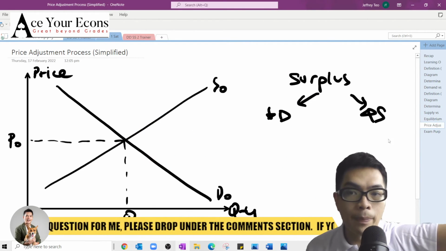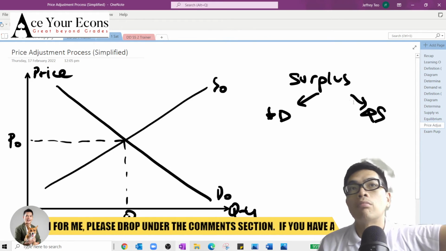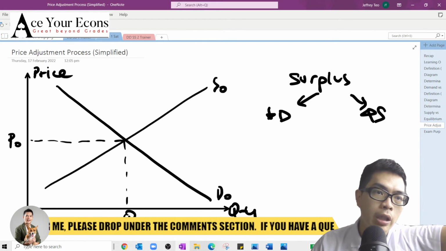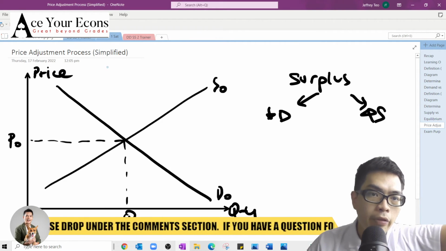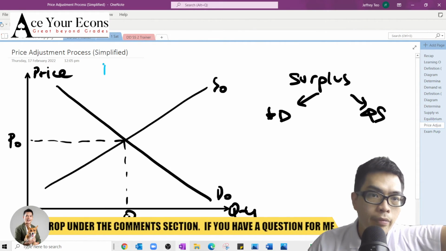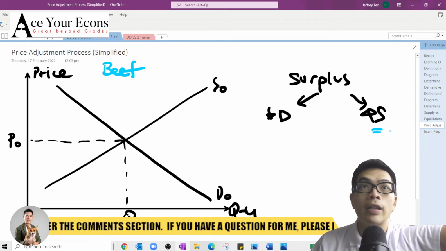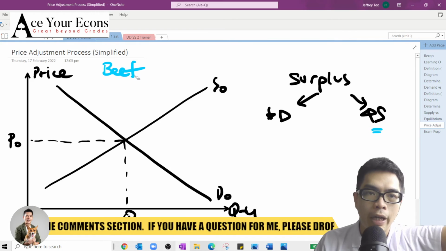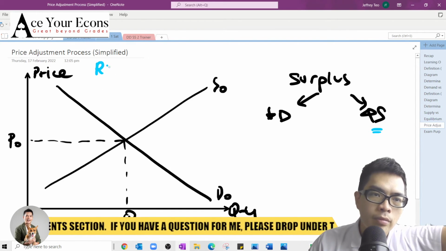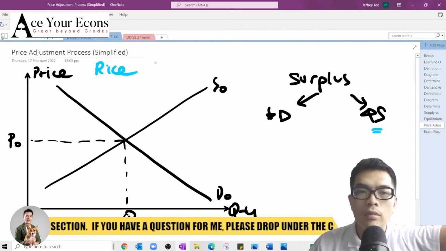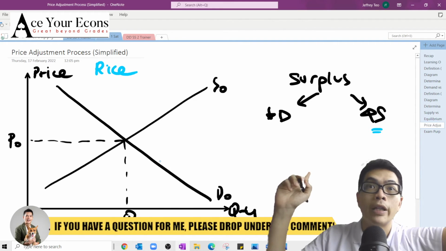For a surplus to happen, let's pick a market, maybe the market for beef. Now let's try a WETPIGS factor. Or maybe I'll use rice. What will cause an increase in supply of rice?